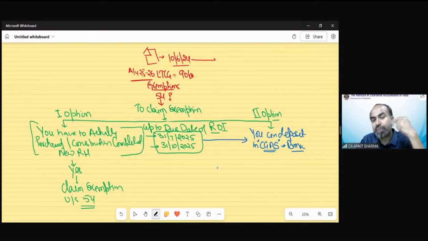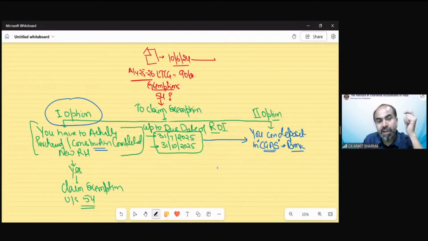So up to the due date of ROI, either you have to actually purchase the property or the construction needs to be done, or practically, of course, you will not be able to do this first option. If I have transferred my property, I will take time to search for the property. It will take time for construction. But the department says at least tell us how much you are going to invest for purchase or construction.